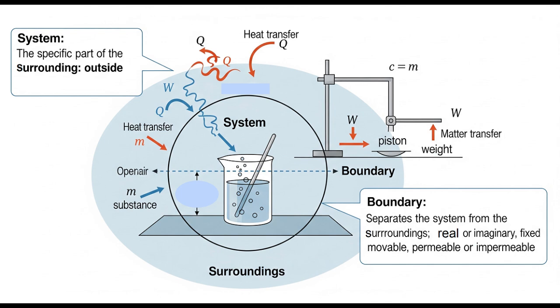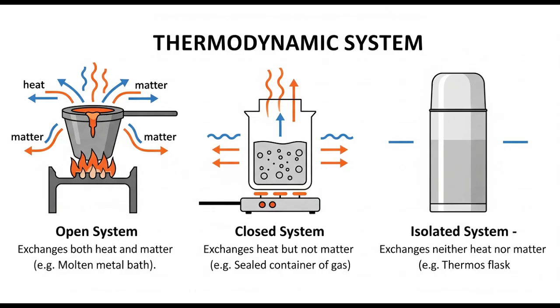Based on how the system interacts with its surroundings, we classify them as an open system, closed system, or isolated system. An open system can exchange both energy, like heat, and matter with its surroundings. Think of a molten metal bath in a furnace where gases are coming off.